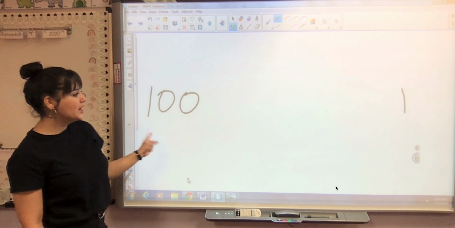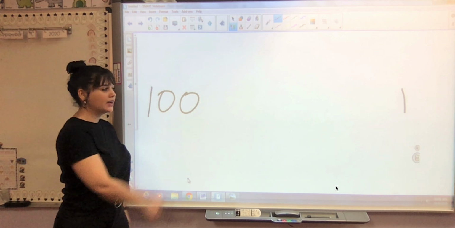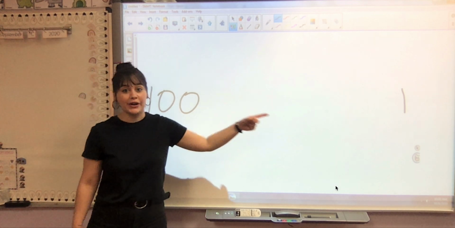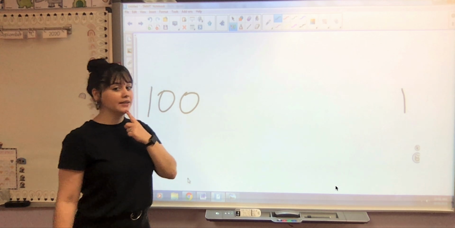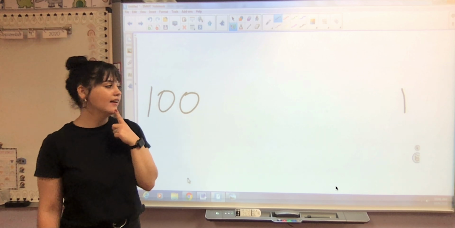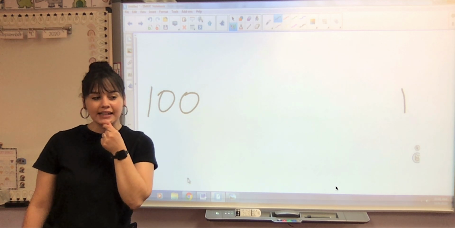All right, we have 100 and we have 1. Is 100 less than 1, or is 100 greater than 1? Let's think about it. If we had 100 pies and 1 pie, which one would my alligator want to eat?